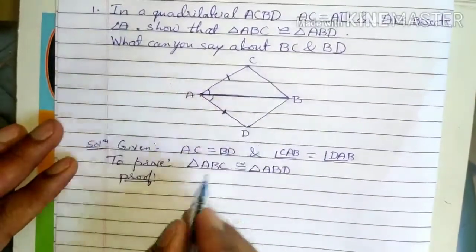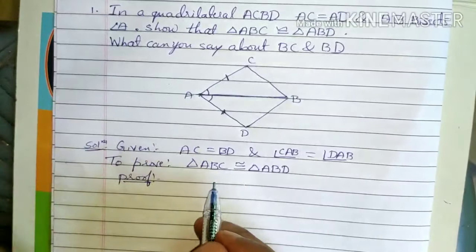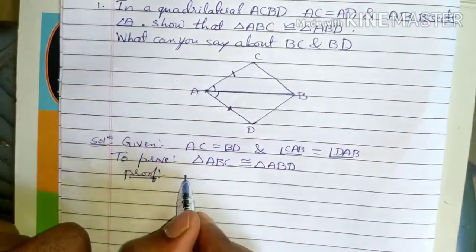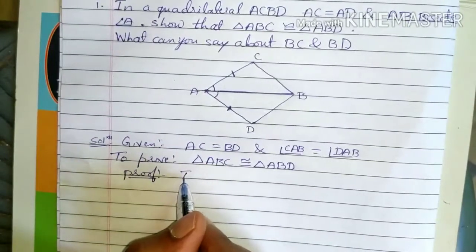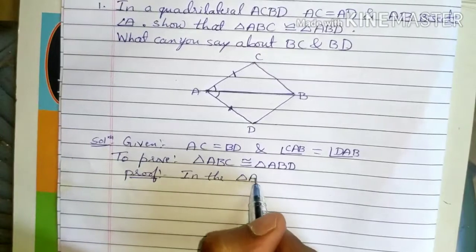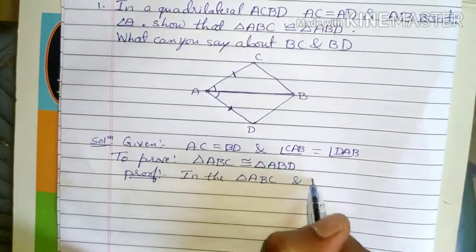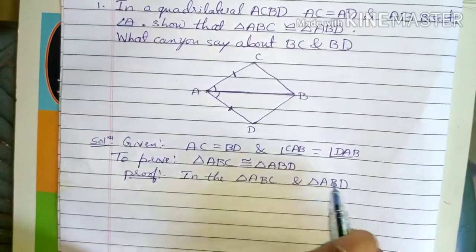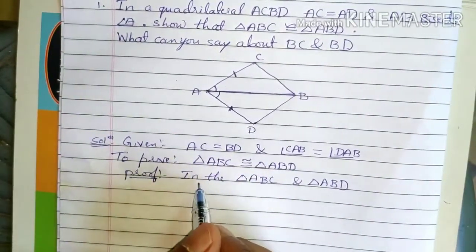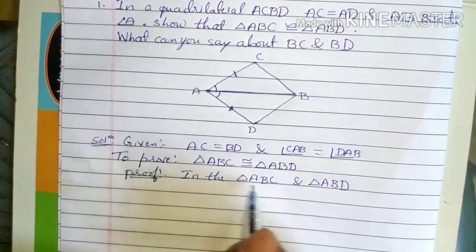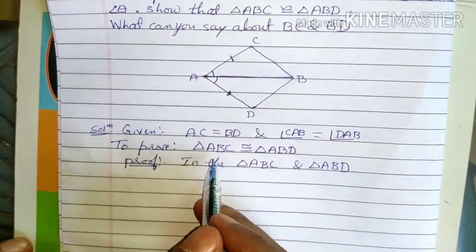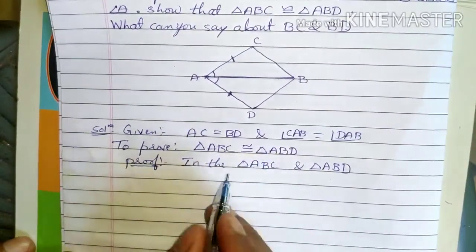Whenever you have to prove two triangles are congruent, we have to consider in the beginning, in the triangle ABC and triangle ABD. So the first statement should be, in triangle ABC and triangle ABD, always, whenever you want to show that these two are congruent.